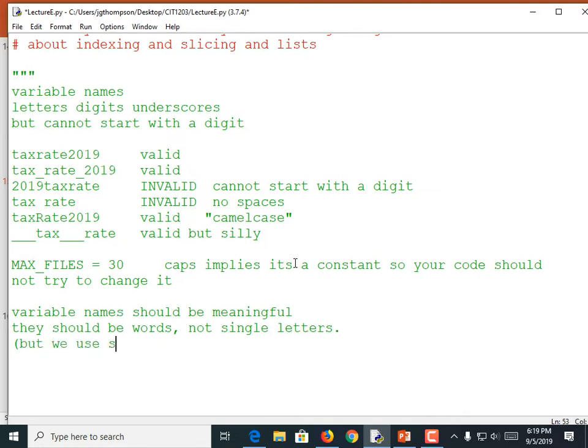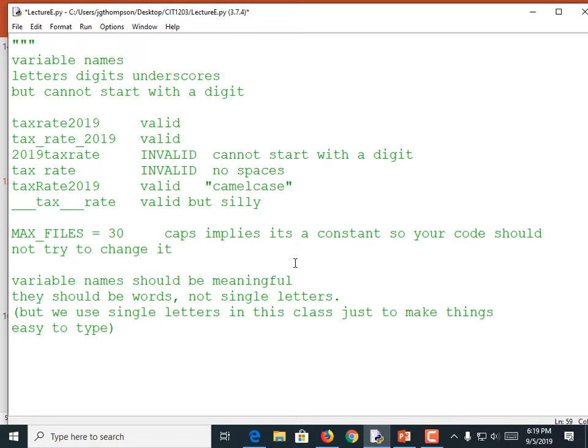But we use single letters in this class just to make things easy to type. Don't have to type that, that's just a comment for you. In your programming, I would rather you use weight rather than W, and height rather than H. But I will understand it if you use H and W, but it's more professional to use longer variable names.